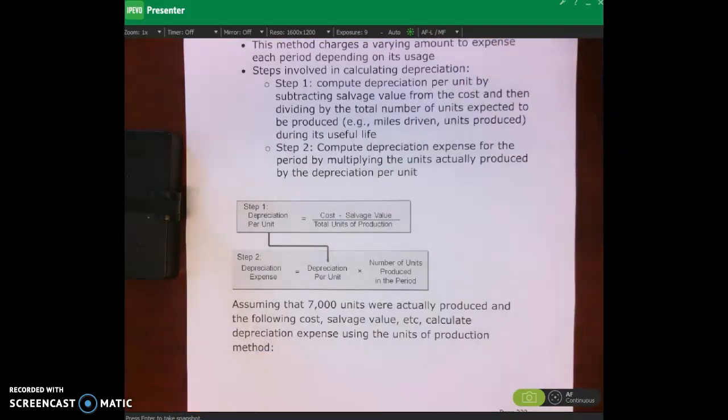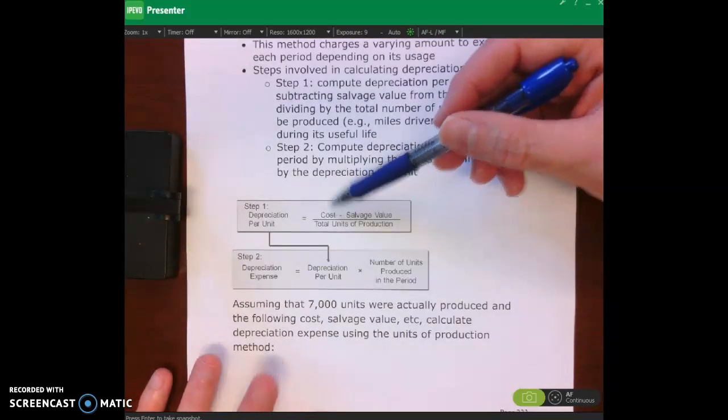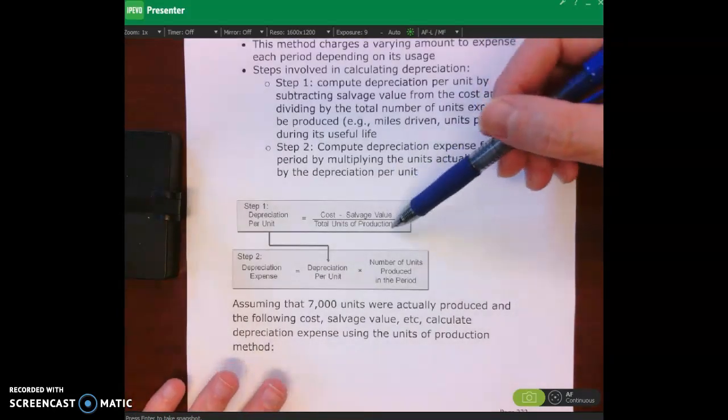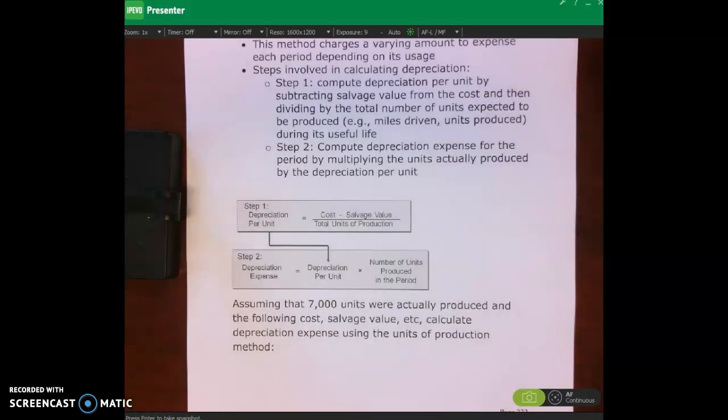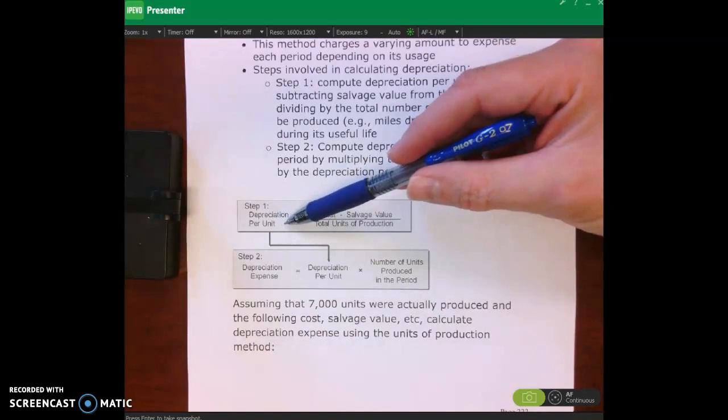So if we were thinking about a truck, I could say, here's the cost of the truck, plus any normal and reasonable expenditures to get it ready for its intended use, minus the salvage value, divided by the total number of miles that I think I'm going to drive the truck. Maybe 100,000 miles. And then what that would give me is depreciation expense per mile, right?